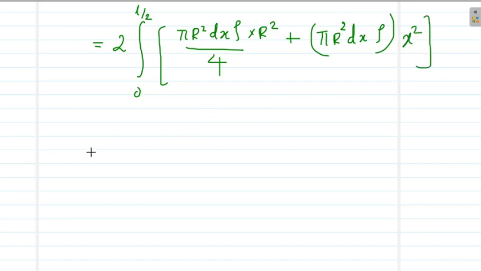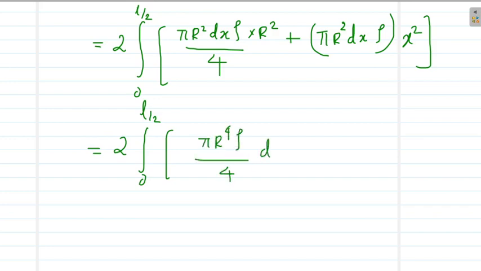Now let me rearrange certain terms. This is equal to 2 times the integration from 0 to L by 2 of pi r raised to 4 rho divided by 4 dx, plus pi r square rho x square dx.